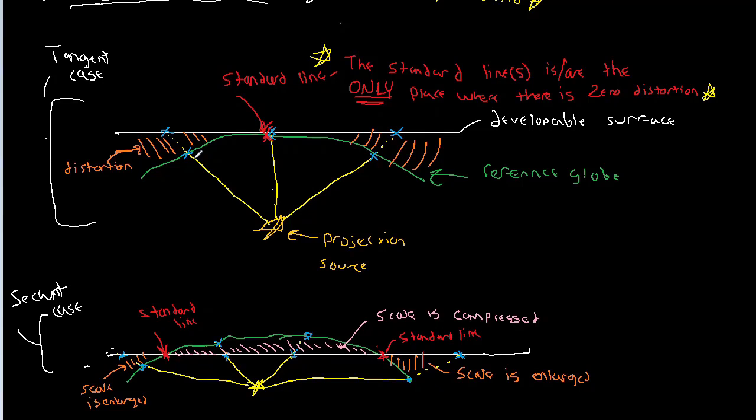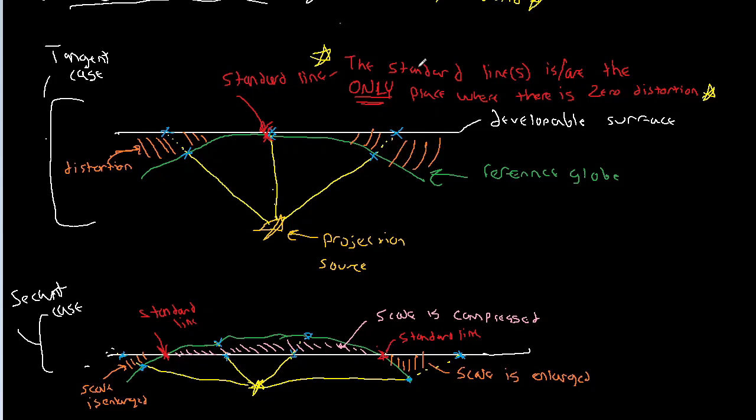The point of class, case, and aspect is to make it so that these standard lines are as close as possible to the areas being mapped, because we can change the shape, we can change the orientation, and we can squeeze the developable surface relative to the reference globe to try to place these standard lines as close to the area that you care about most as possible.